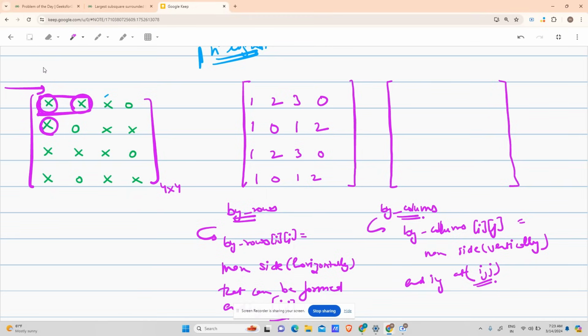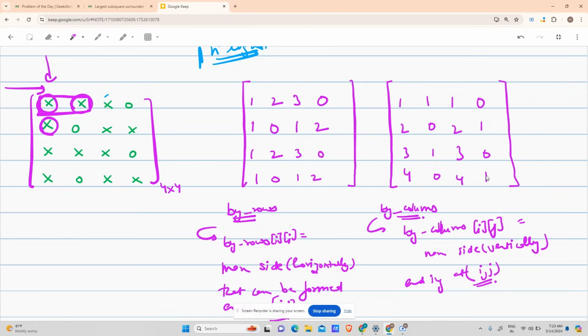Similarly, by column we will be taking this direction. So 1, 2, 3, 4, 1, 2, 3, 4, 1, 0, 1, 0, 1, 0, 1, 0, 1, 2, 3, 4, 1, 2, 3, 4, 1, 0, sorry, 0, 1, 0, 1, right?